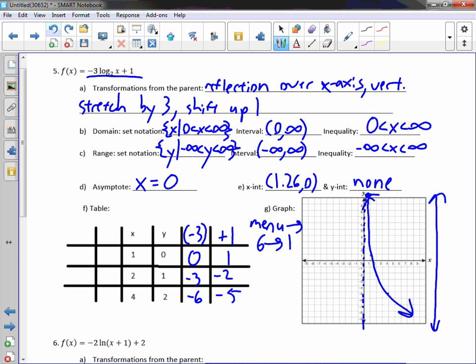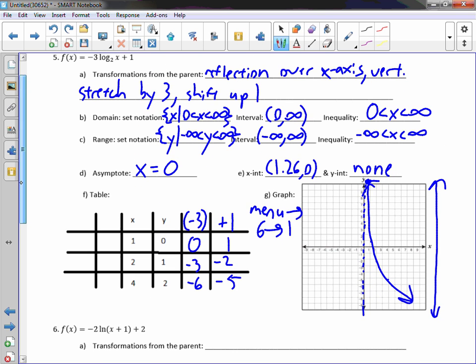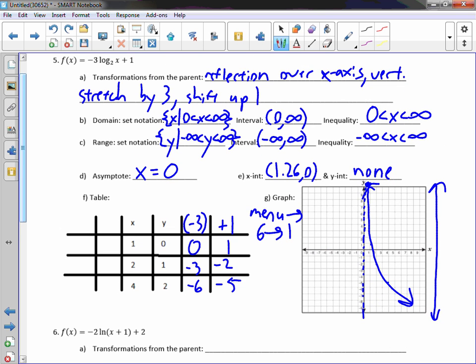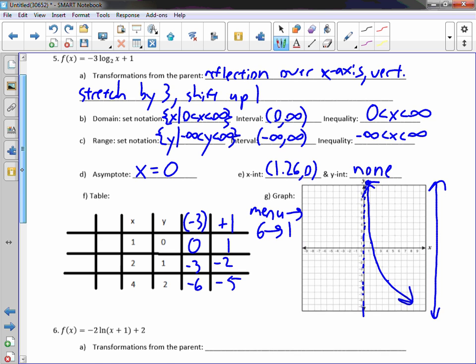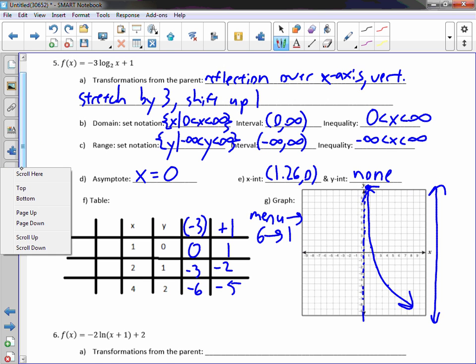For logarithms, the range will always be all real numbers. Not the same as problems 3 and 4 when we had x in the exponents. Remember when to use which type of domain and which type of range. But that's it for number 5. Again, feel free to ask more questions on this in class if you need me to demonstrate any of the calculator stuff.